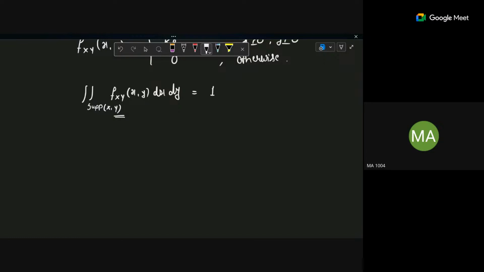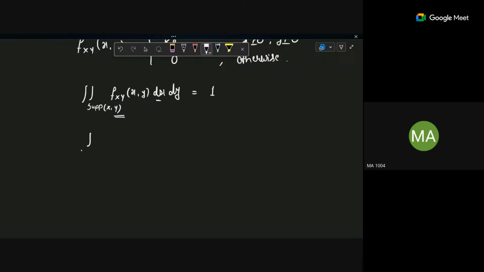What will be the integration limits for this particular one? First one will be x from 0 to infinity. Second one will be y from 0 to infinity. Whenever this kind of double integration is there, we have written dx dy.